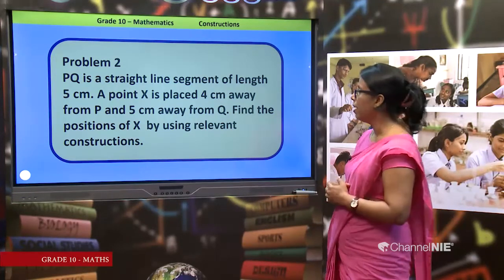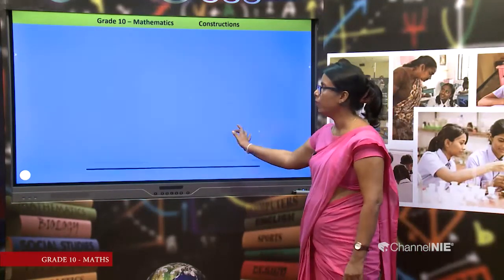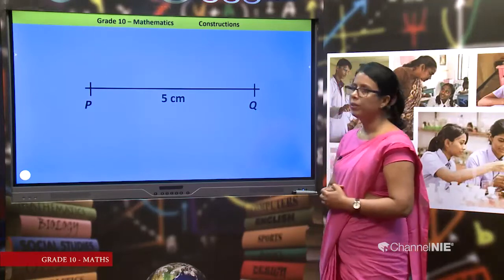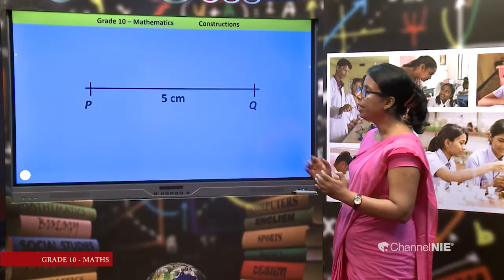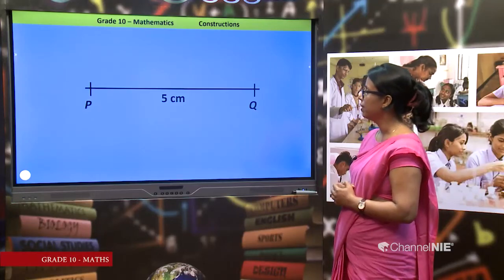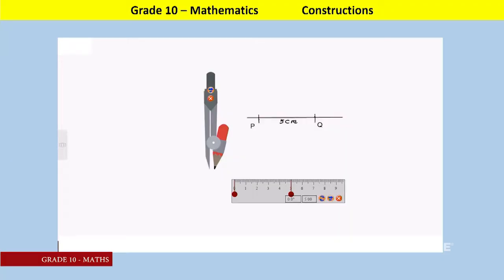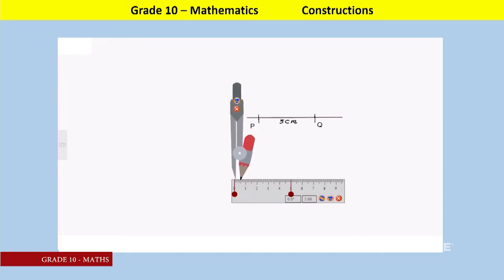Okay, let's start the construction. First, we need the PQ line segment. Using the help of a ruler and pair of compasses, you can construct the PQ line segment.